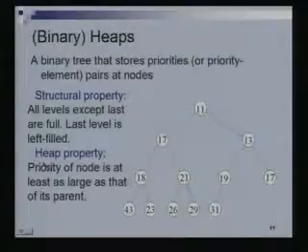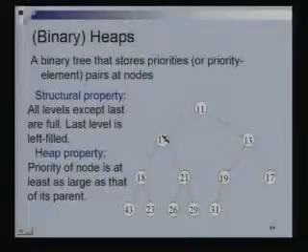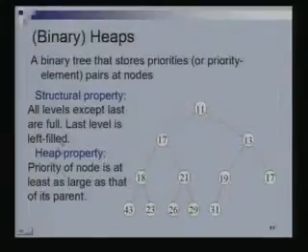The other property is what I call the heap property, and the heap property simply says the following: the priority of a node is at least as large as that of its parent. For any node, its priority has to be larger than or equal to the priority of its parent. So this picture here does satisfy both of the properties, structural as well as heap. Consider any node, its priority is at least as large as the priority of its parent.